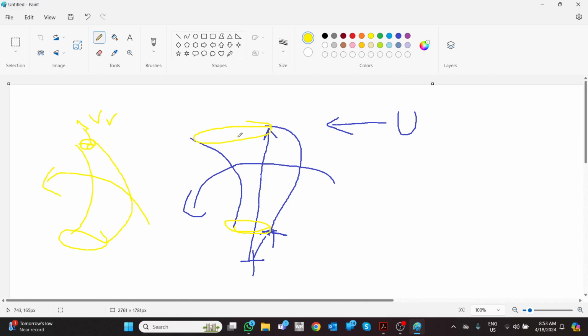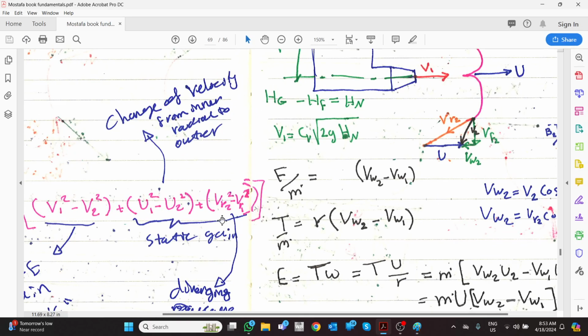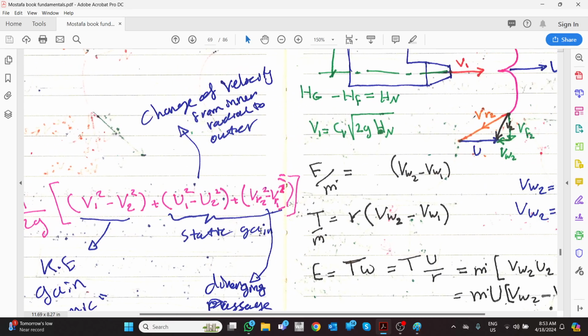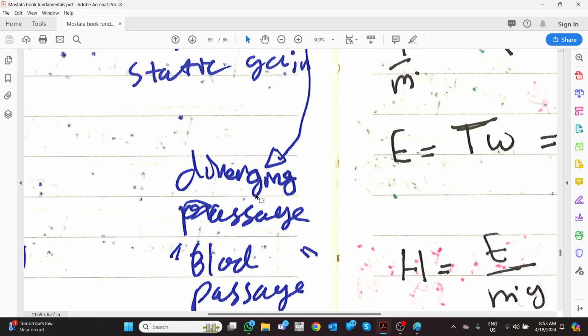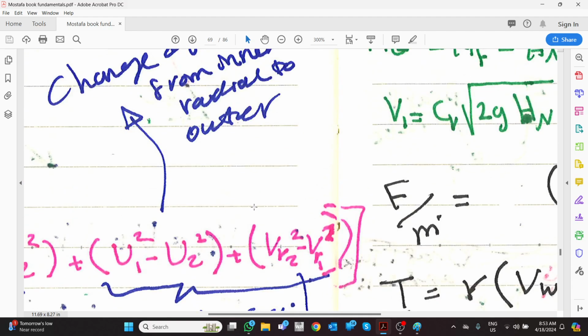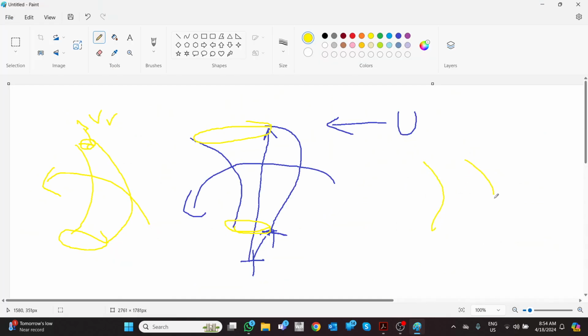A change in the relative velocity is going to increase or decrease the kinetic energy, which is converted to the head. Okay, so it is the diverging space passage. Or by the way, it can be due to friction.